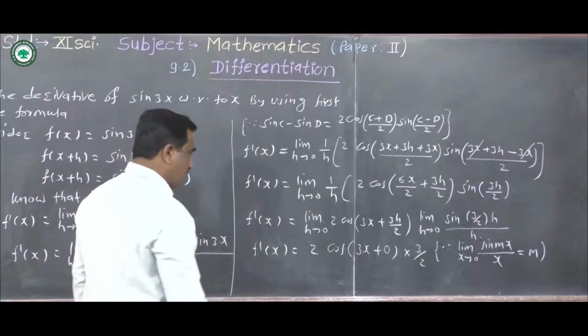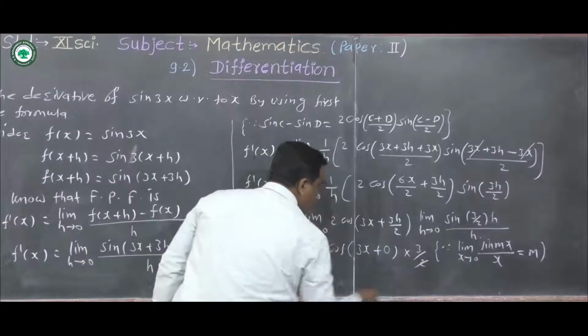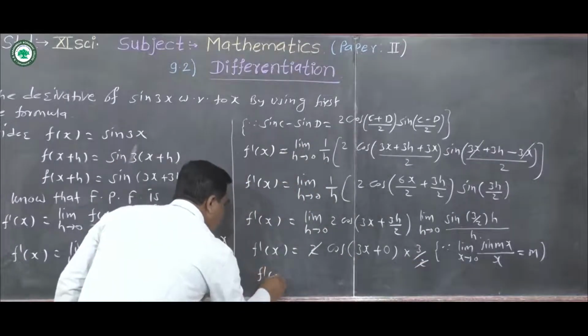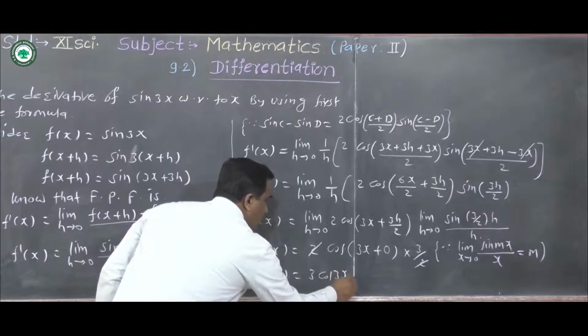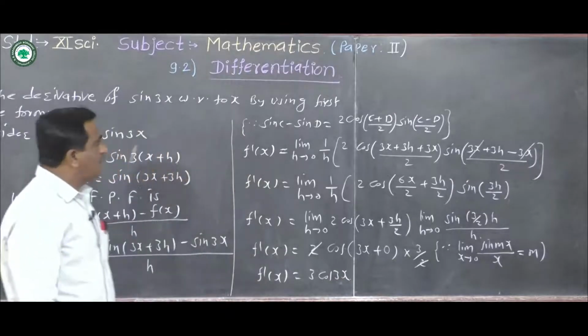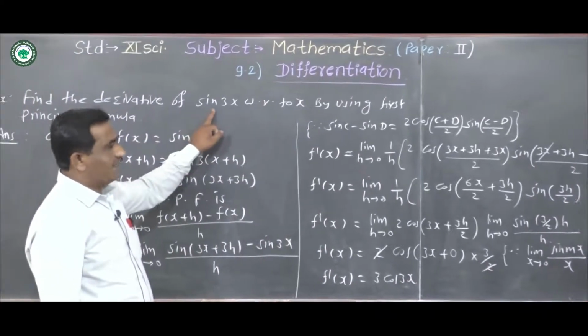Okay, that is here 2 to cancel, this 2 upon 2 cancel, remains only f dash of x is equal to 3 into cos 3x. Okay, this is the derivative of function sin 3x.